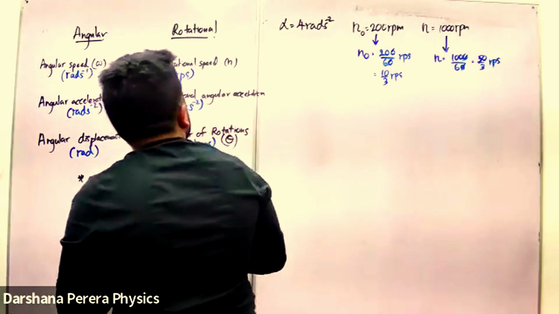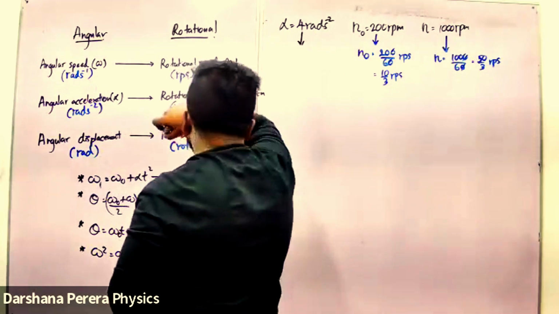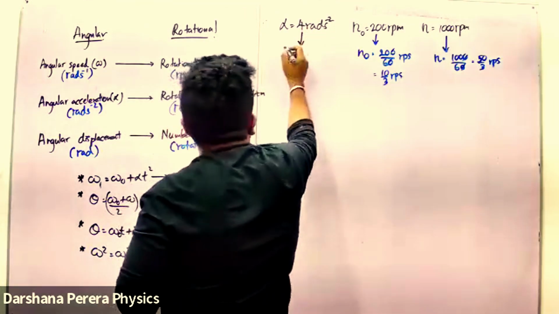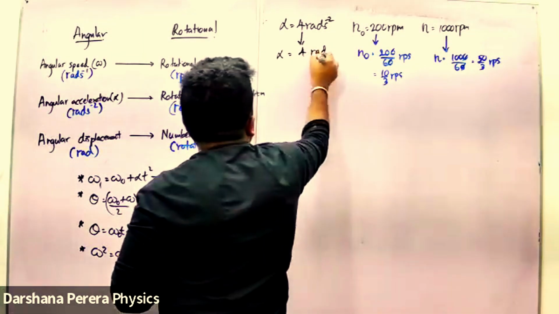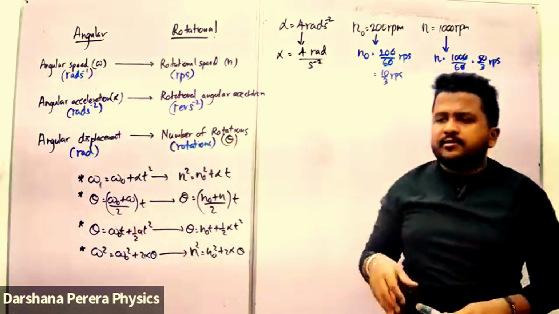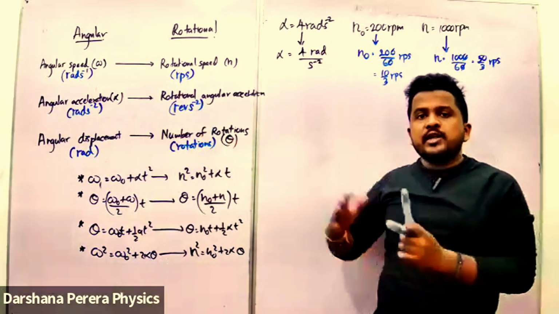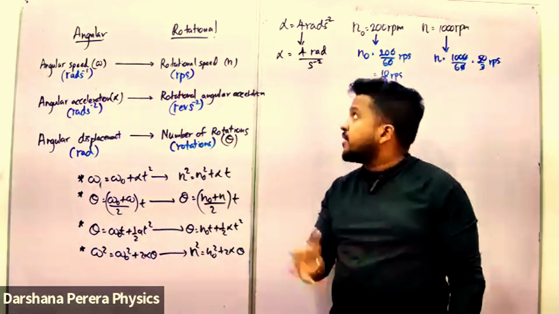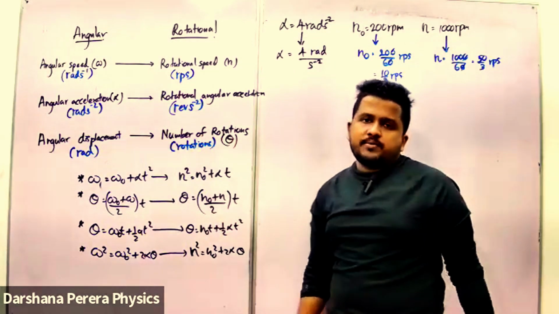Alpha we have to convert to revolutions per second square. Alpha is 4 rad s minus 2. We have to convert the radian values to revolution values. How to convert radians to revolutions?